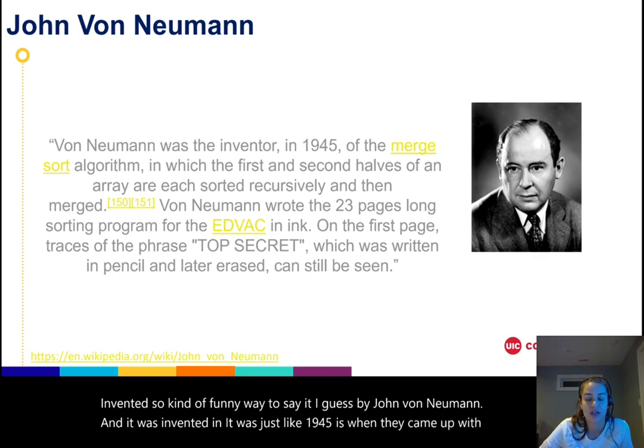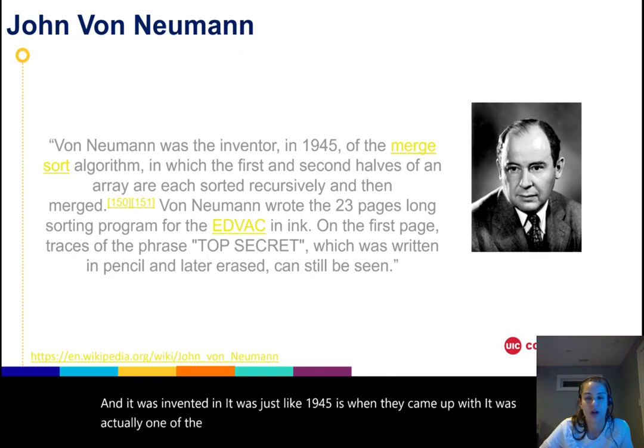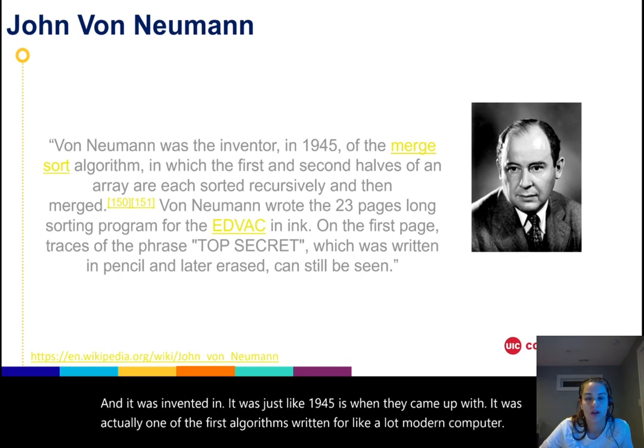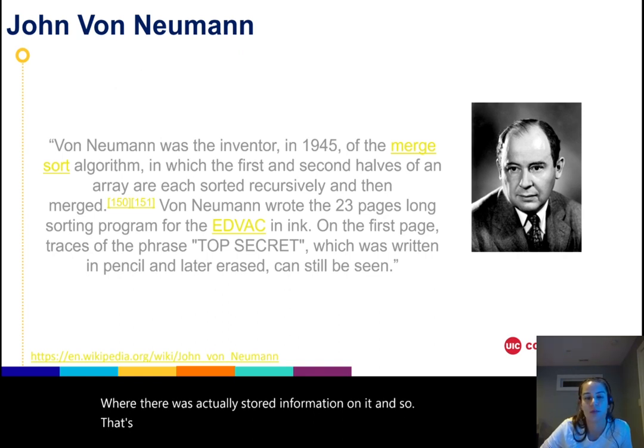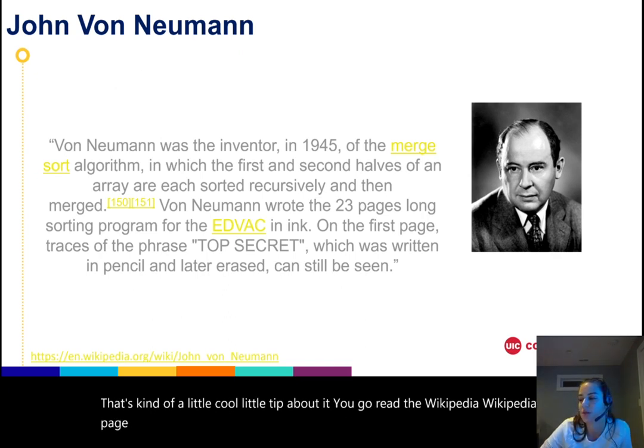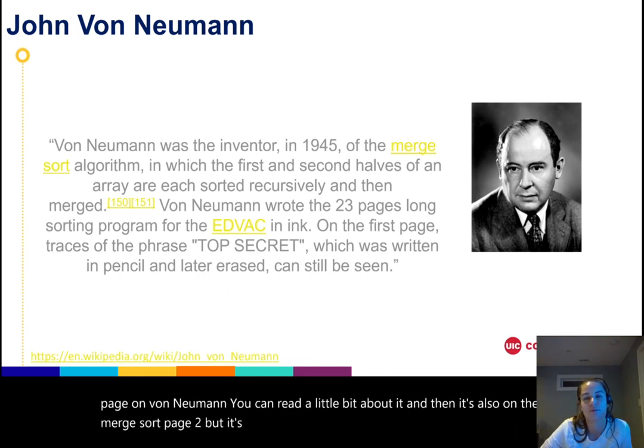It was actually one of the first algorithms written for a modern computer, where there was actually stored information on it. And so that's kind of a cool little tip about it. If you go read the Wikipedia page on von Neumann, you can read a little bit about it, and it's also on the merge sort page too. But it's kind of interesting to read about how long it's been around.